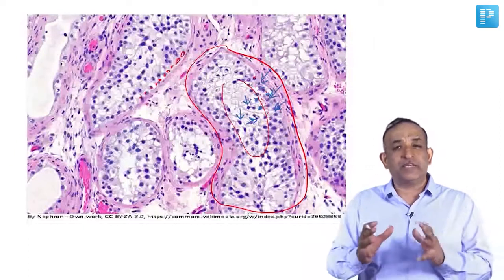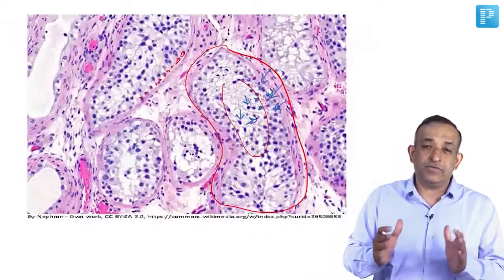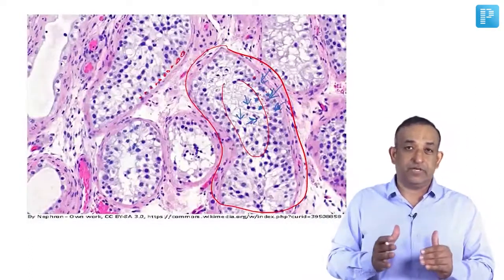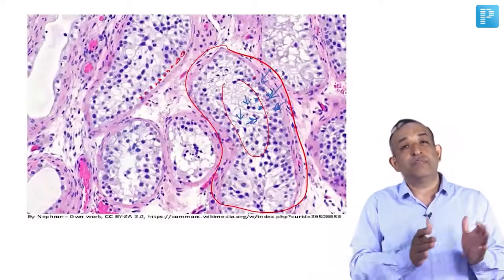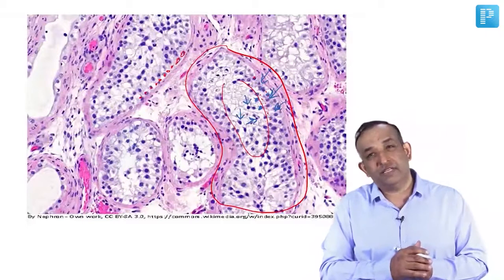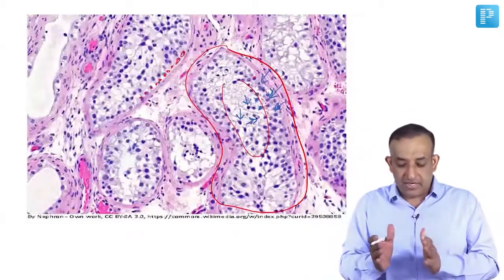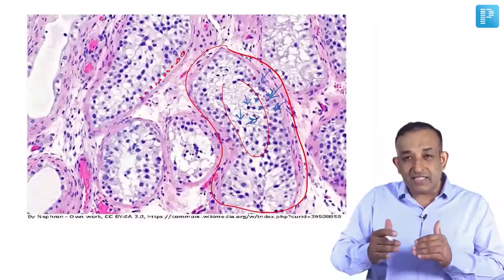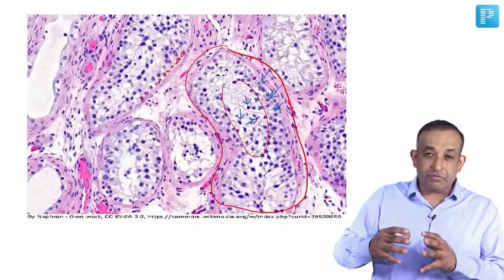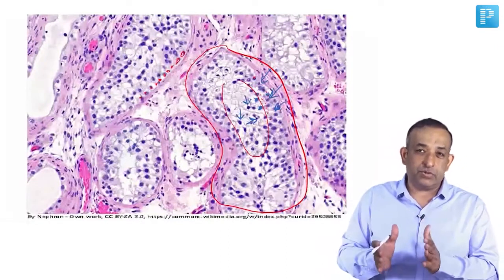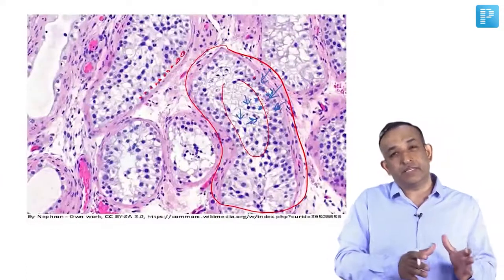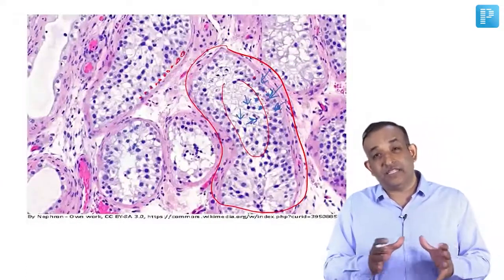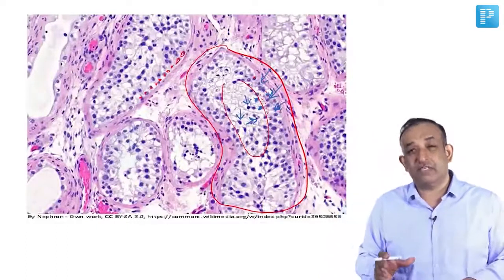There are a lot of connective tissues between these Sertoli cells which are keeping them tightly bound to each other, and that's what is keeping the blood away from the lumen of this seminiferous tubule. The gaps between them are filled with connective tissues so that they are tightly bound to each other and prevent the blood from coming into this area. So that's what is the blood testis barrier. It is basically made of the Sertoli cells.